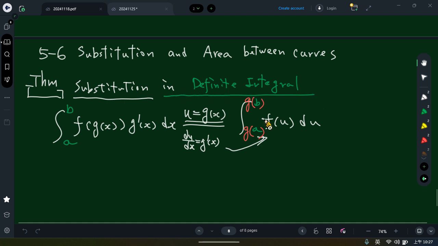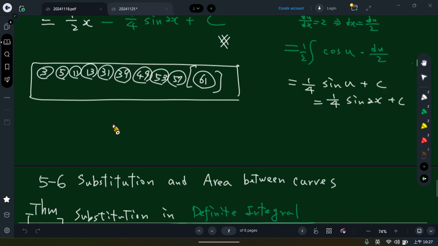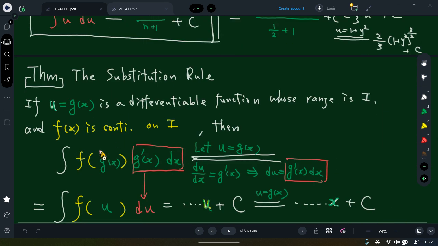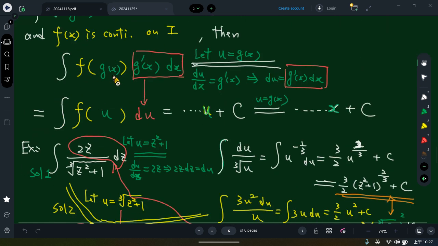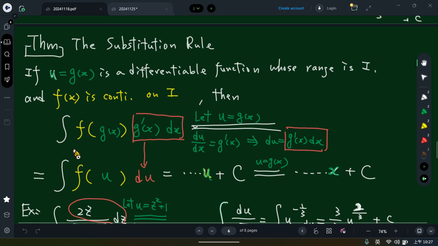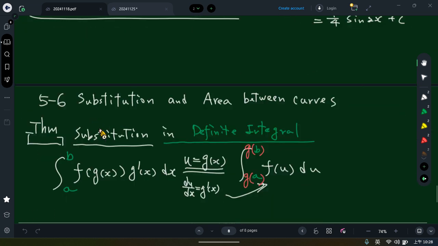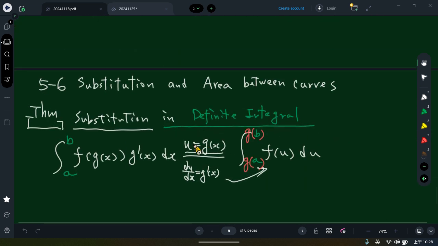So you can see that the only difference from here and here, you can have some simple comparison that in definite integral we will now have the limit of, that means the two ends for the integral. But if it's just for definite integral, of course you will have a and b, that means the two limits for the integral a and b.